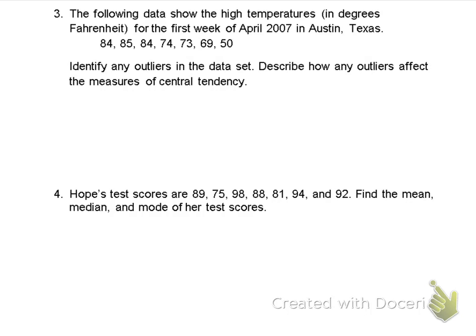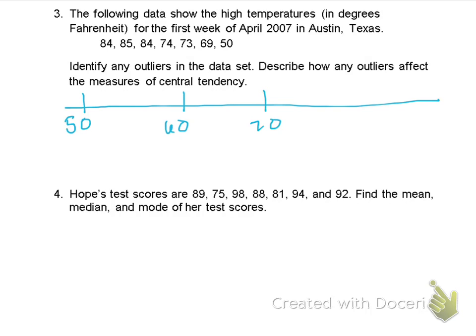So looking at this list, if I were to make a number line and start with 50, I'm going to go up by tens. Let's make that one a little farther down the line here.